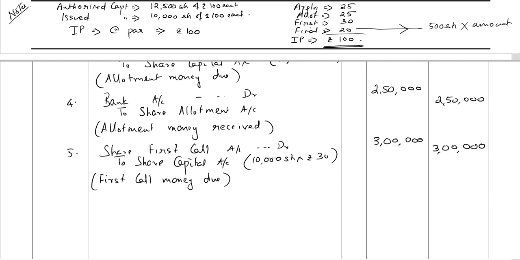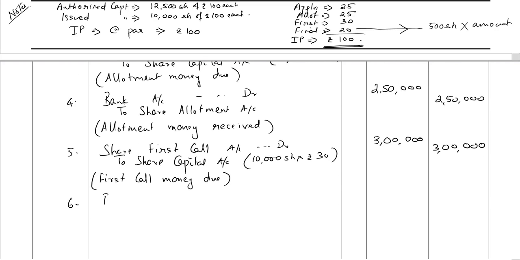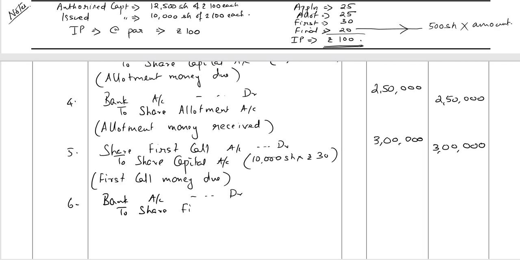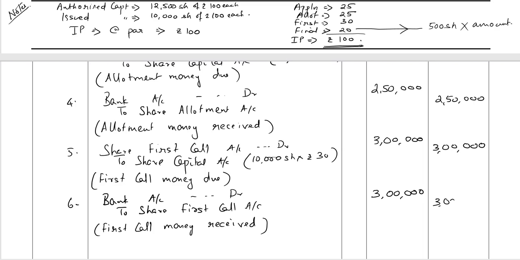The next entry is for receipt of the first call money, bank account debit to share first call account. For first call money received, again the amount due has been completely received, so the amount received on the share first call is 3 lakh rupees.